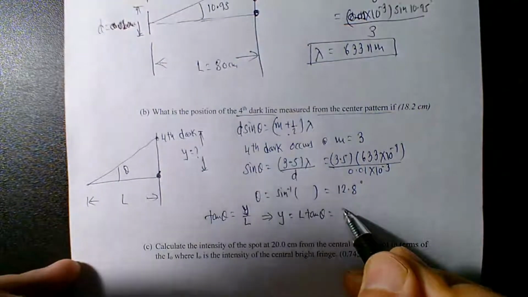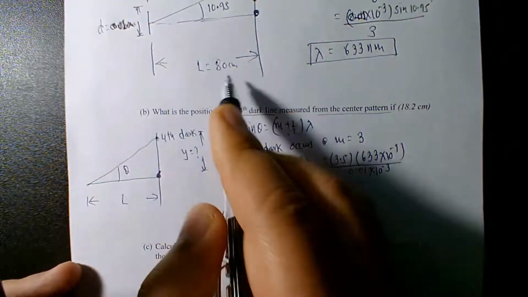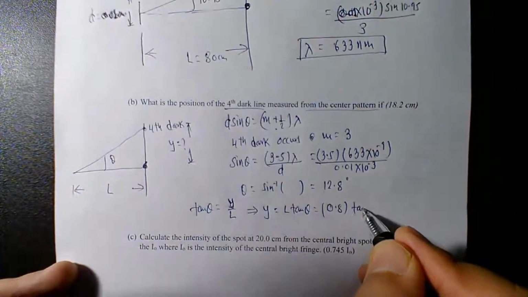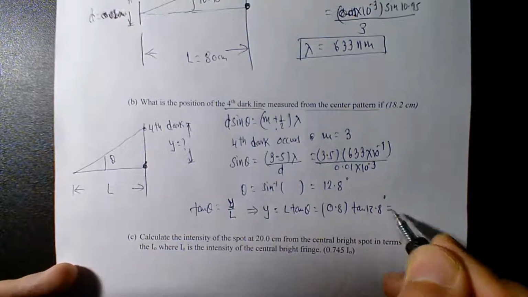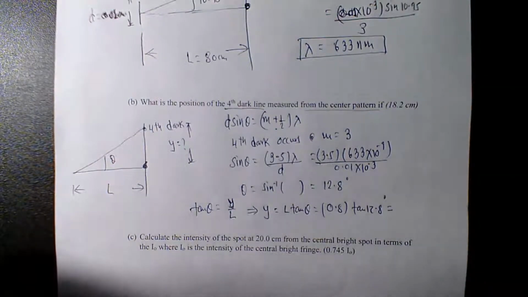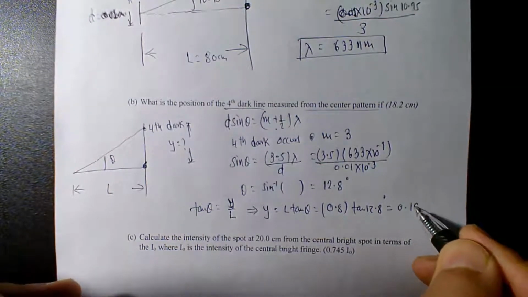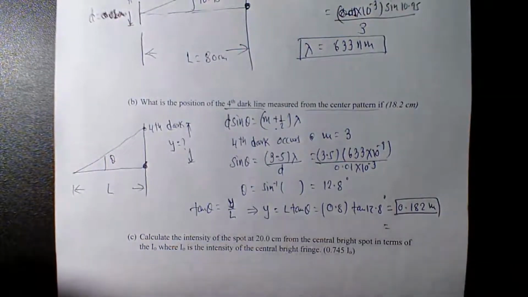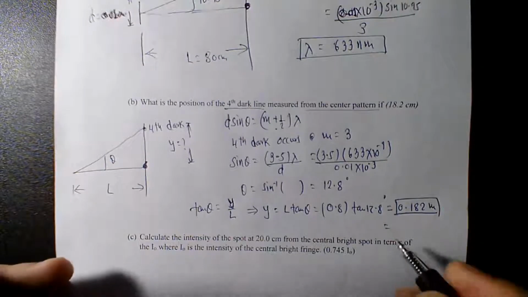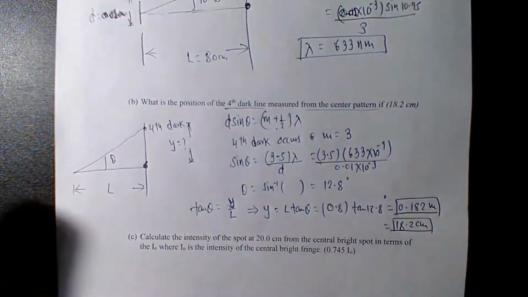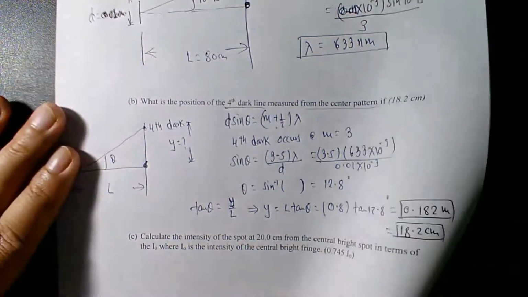L is 80 centimeters, which is 0.8 meters, so 0.8 times tan of 12.8 degrees, which is 0.182 meters. You can convert back to centimeters, so 18.2 centimeters. That's the second part.